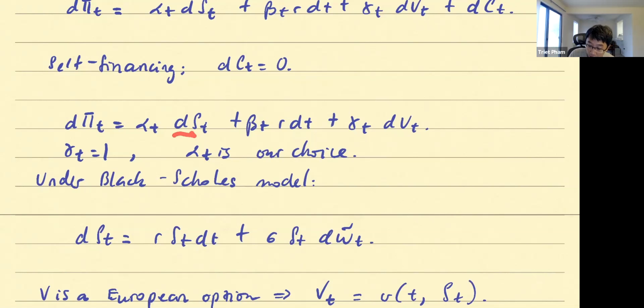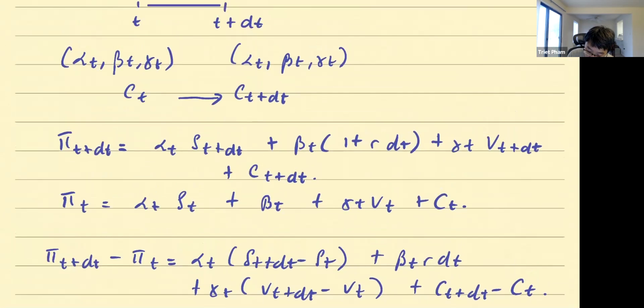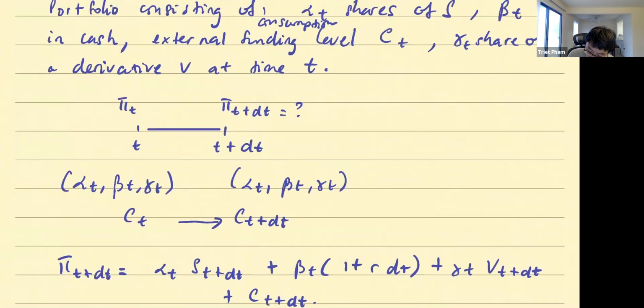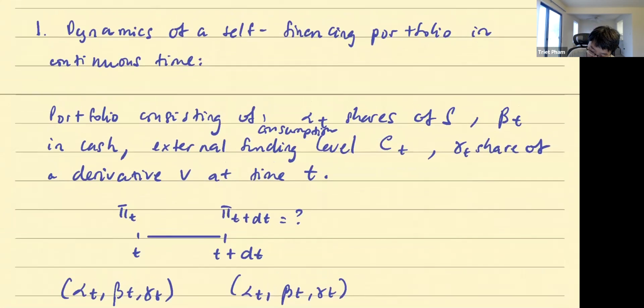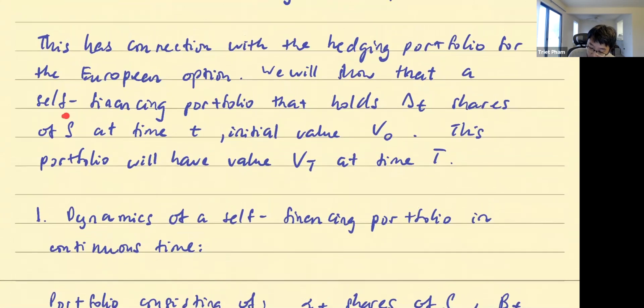And the claim, again, going back to what we're claiming, is that if this portfolio holds delta t shares of the stock at time t, then it will perfectly replicate the value of V at time big T.